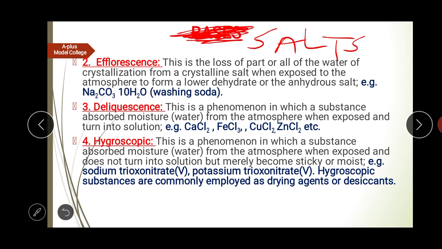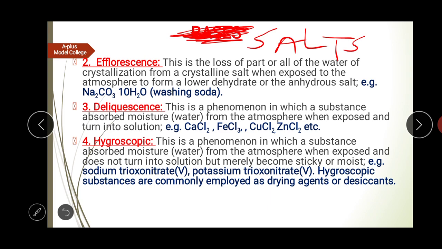For instance, let's say we have a salt having 10 moles of water of crystallization. When the salt is exposed, either it gives out all the 10 moles, or maybe it gives out about 5 or 6 moles. So we still have a hydrated one, but at least some water of crystallization has been given off. So when some salts are exposed, they tend to give out water.